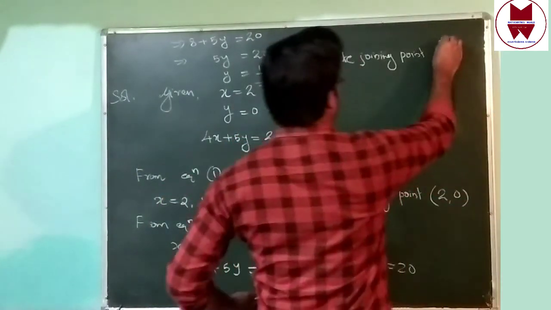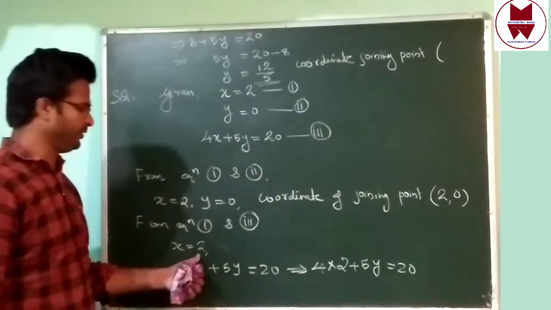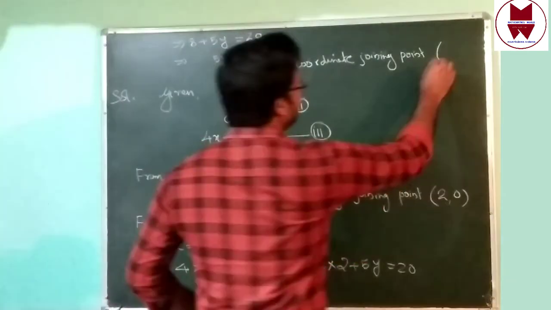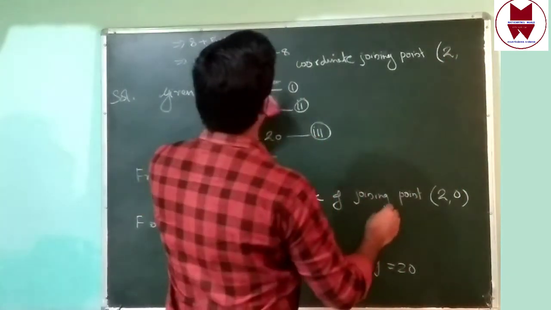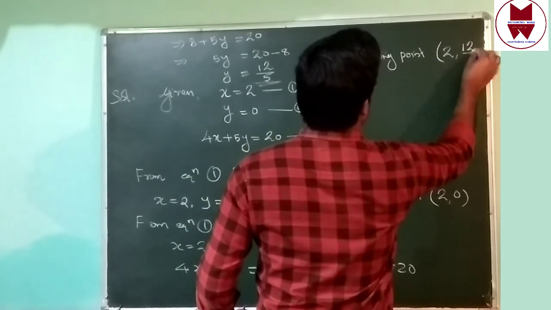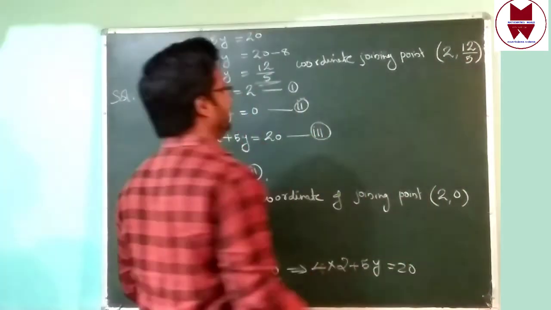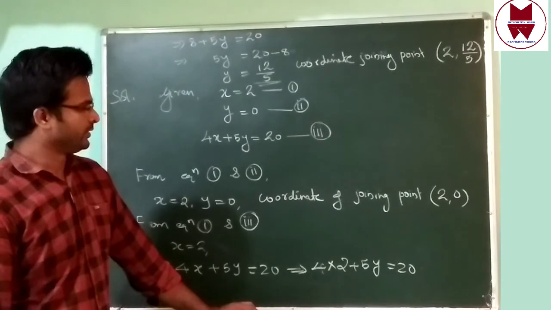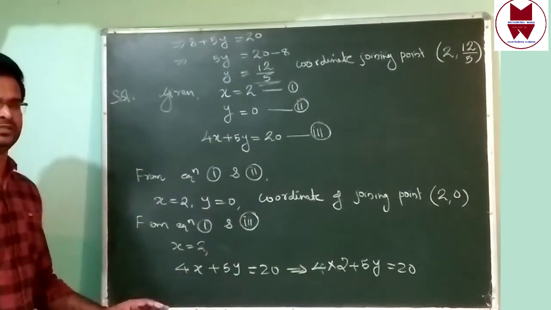Second coordinate, what is x value? X value is 2. Y value we got 12 divided by 5. This is second coordinate. Just pause the video, write down in your notebook.